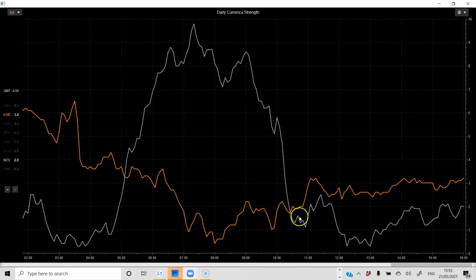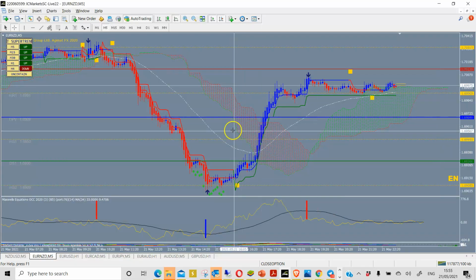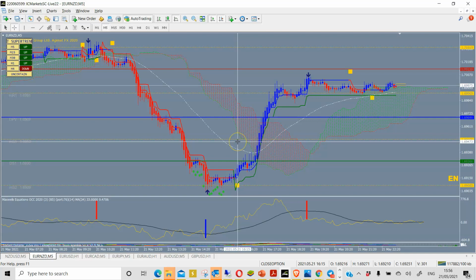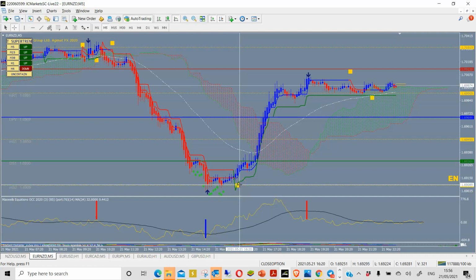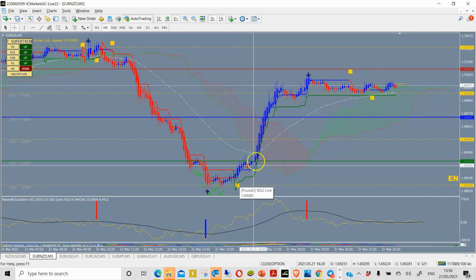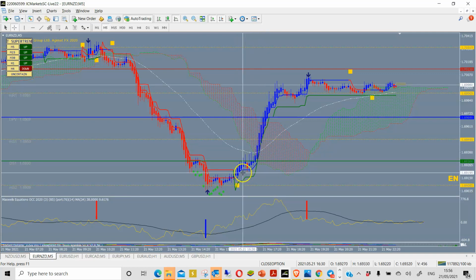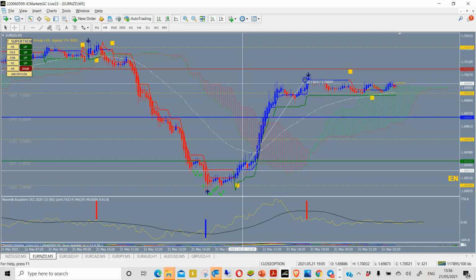I thought it was interesting to see what actually played out based on the currency strength, and it was a good example looking back on my chart. At 4 o'clock, what happened? The chart tumbled, and then you could have nailed a move on the upside, which was just as powerful as the move to the downside on this one.